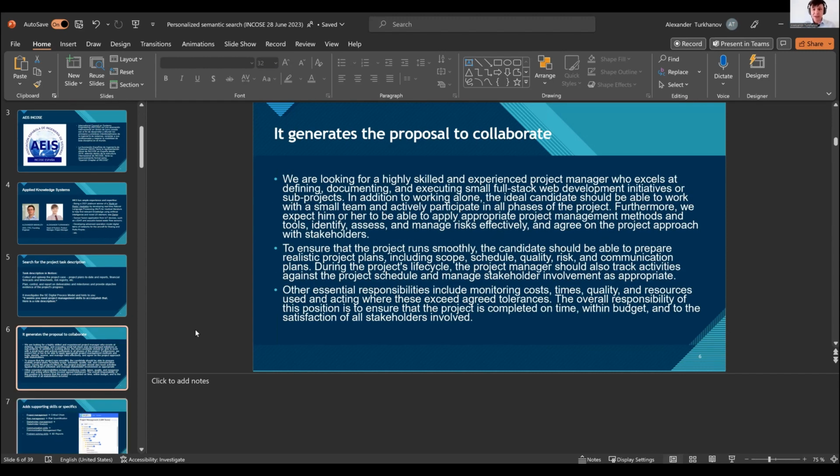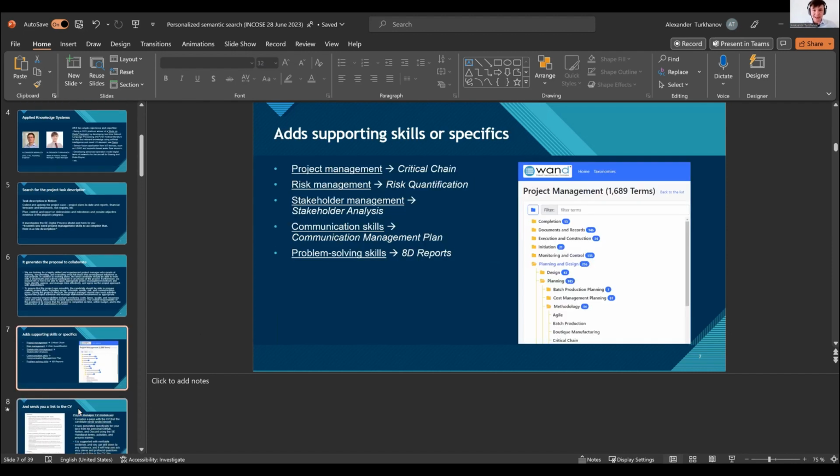This is a really machine-generated role description from that task. This is not my product. And it's actually good. Okay, I read it. Seems legit. So this is a proposal to collaborate that is generated from the project task, and I say, okay, I approve this project description. What should be next? And it says, I think you should add some supporting skills because it does not fly alone.